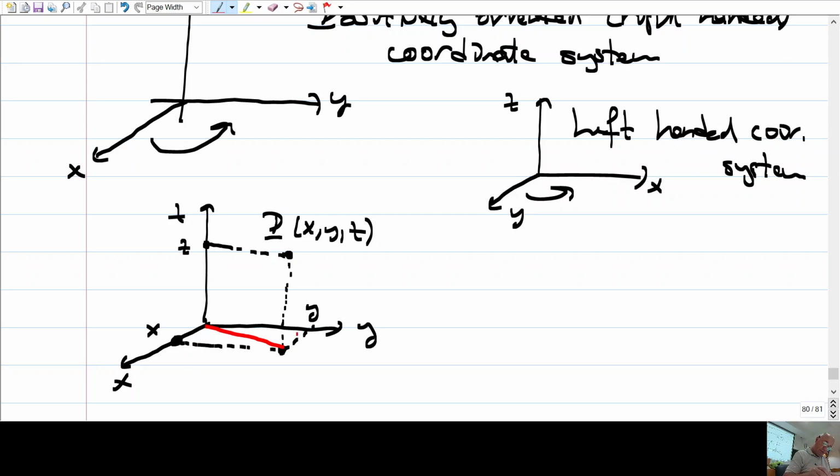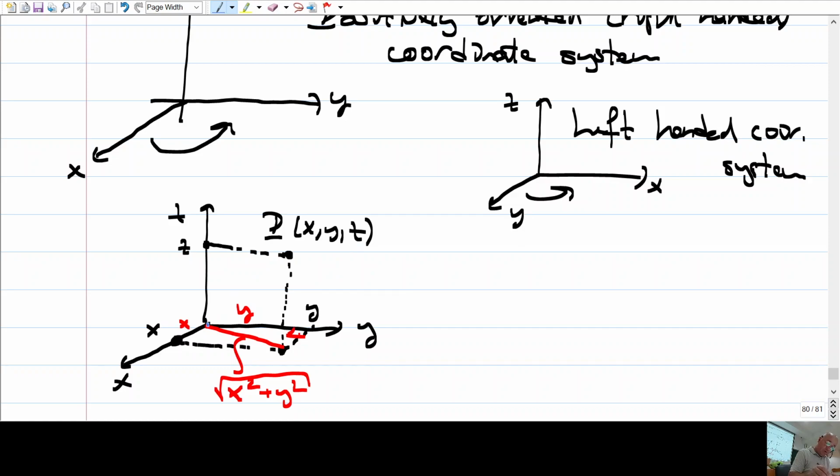Here I have a right triangle, right? One side is x units, the other side is y units. Therefore, from the Pythagorean theorem, this is the square root of x squared plus y squared.